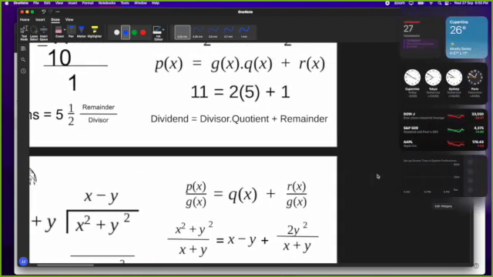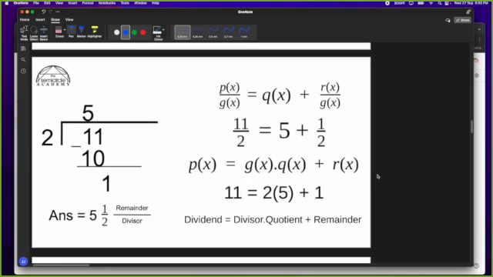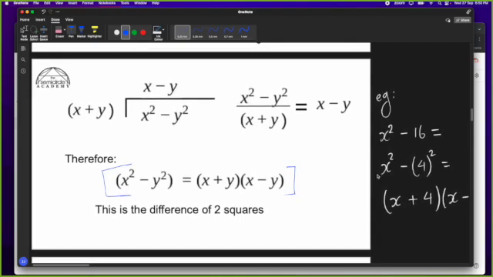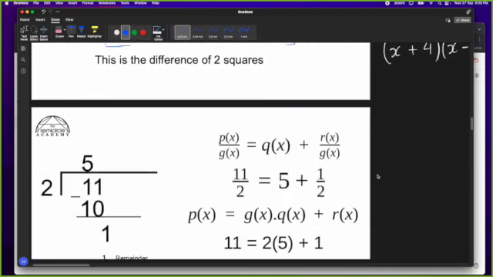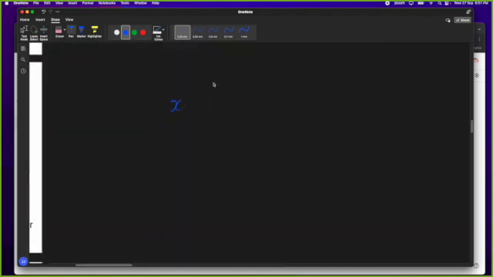Now, here's what. In all of these examples, we had no remainder. But what happens when we actually do have a remainder? X squared plus y squared divided by x plus y.